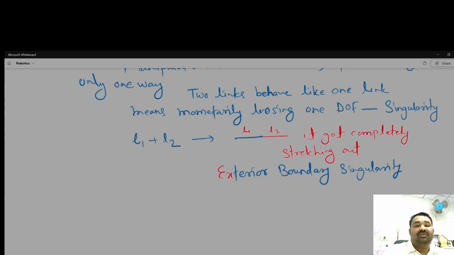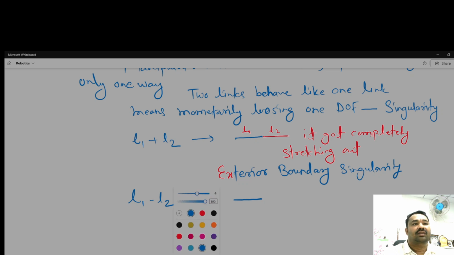Now suppose the situation L1 minus L2. What is happening in this case? This is link 1, and it is L1, and this is L2.